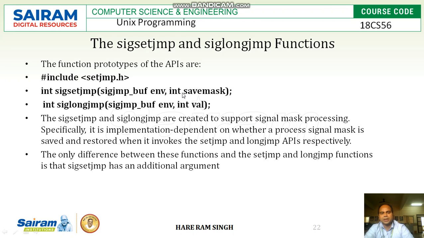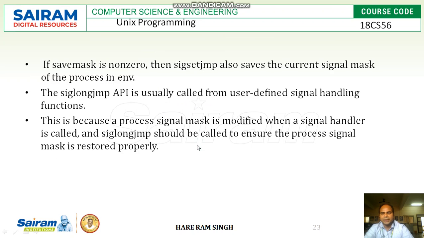So it's all about supporting the signal mask of the process. The only difference between these functions and the setjmp and longjmp functions is that sigsetjmp has an additional argument. So setjmp and longjmp have only one argument, but sigsetjmp and siglongjmp have two arguments.